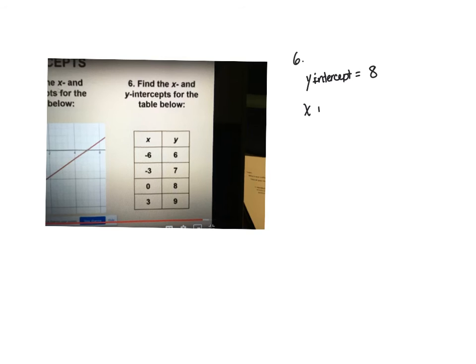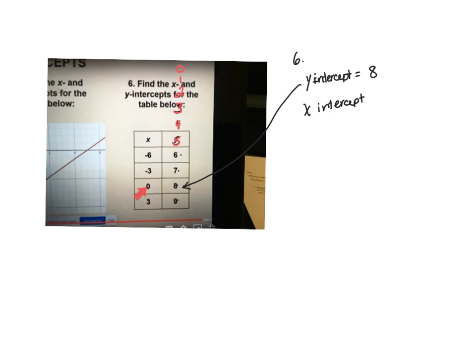The x-intercept is found by using that table extension that he talked about. If we were to keep going down, see how it goes 9, 8, 7, 6. We could do 5, 4, 3, 2, 1, 0. And notice what's happening to the numbers as you go on the line.